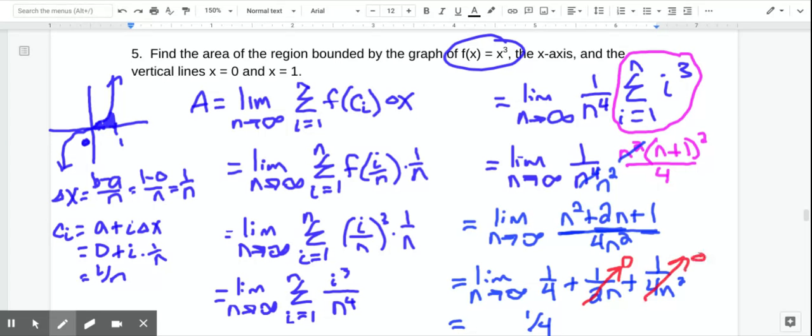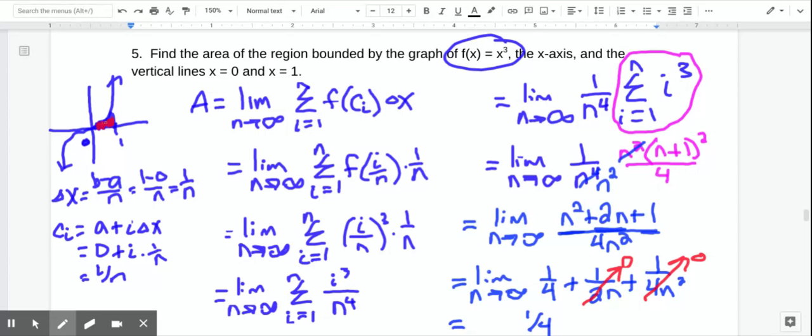That is going to approach 0. So our answer is 1/4. This area right here, under the curve between 0 and 1, is exactly 1/4. So that's how we use these rectangles to find area under the curve.